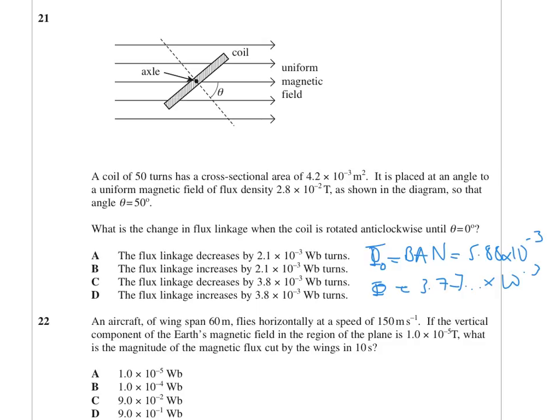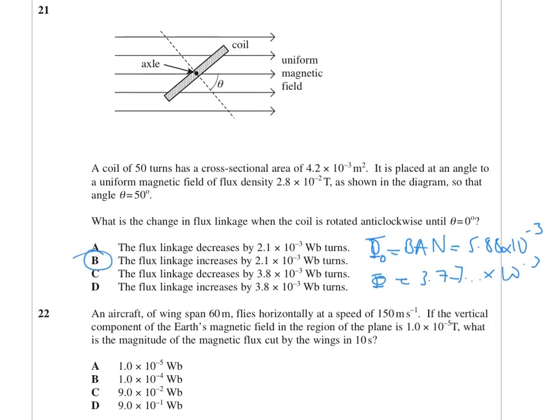So 5.88 minus 3.77 gives you about 2.1, and it's going to increase, so that's going to be option B.